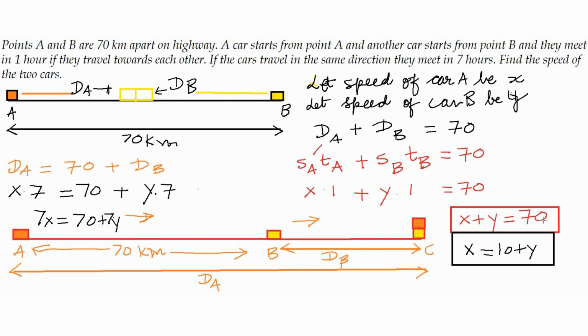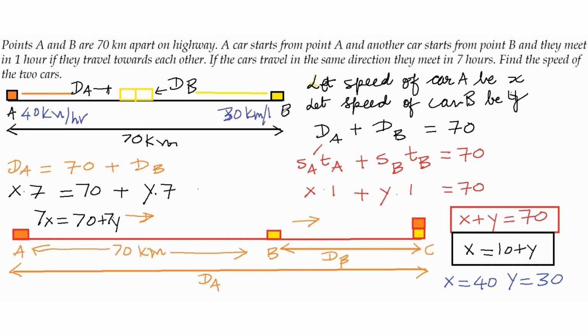Therefore, x plus y equals 70 is when the cars move towards each other, and x is equal to 10 plus y is when the cars move in the same direction, right? And therefore, solving these two equations, I get x equals 40 and y equals 30. So the speed of car A is 40 kilometers per hour, and the speed of car B is 30 kilometers per hour, right?